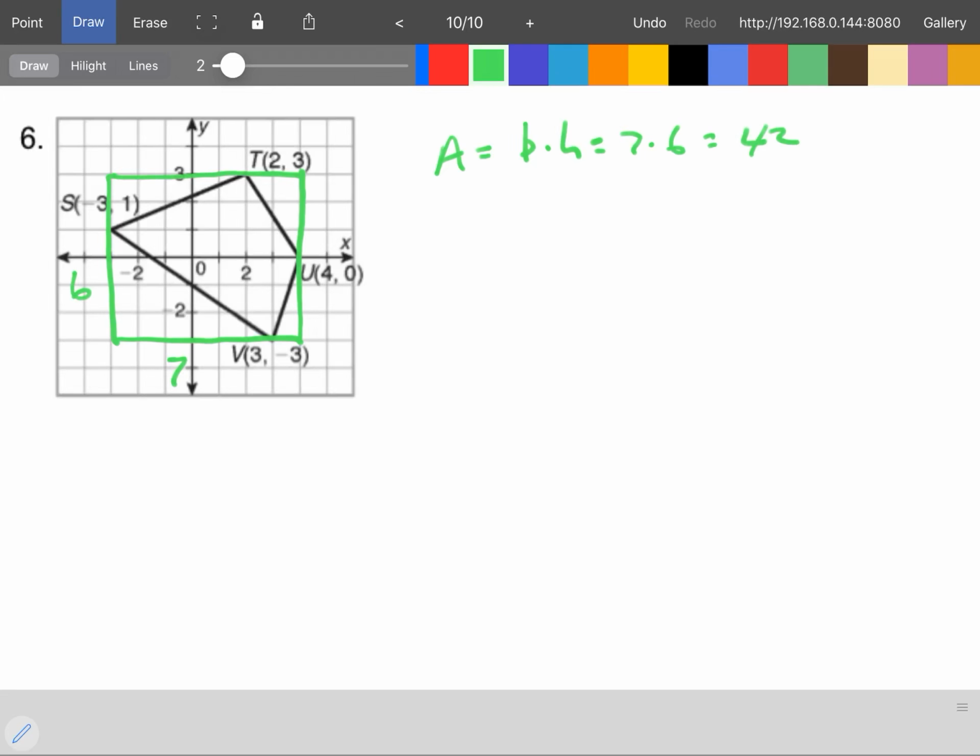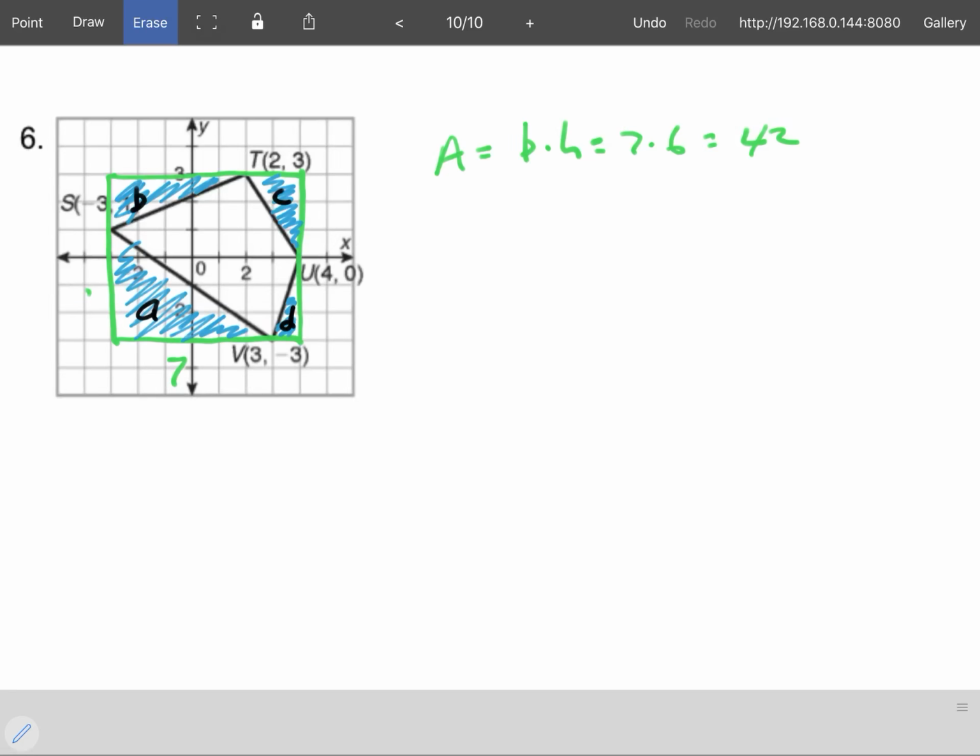And then we need to subtract off these smaller triangles: this triangle, this one, this one, and one more, that one. So I'll label these again: we'll call this triangle A, this one B, this one C, this one D.